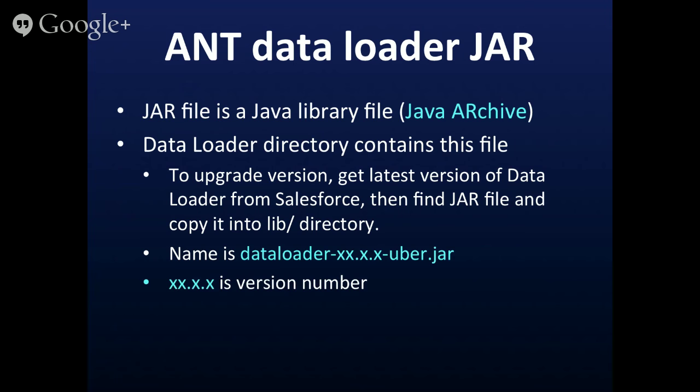The xx.x.x is the version number. So if you're on Salesforce API version 29, it'll be like 29.0.0. Like I said, I don't remember offhand the directory it's in, but it's definitely underneath the install directory for the data loader. So if you look for that file pattern, you should find it.